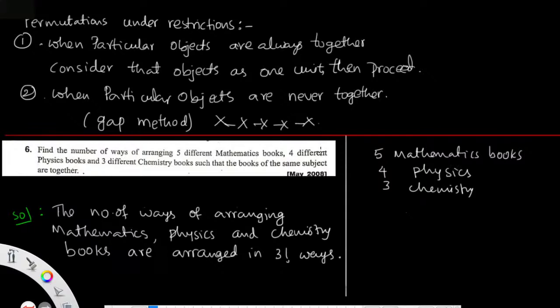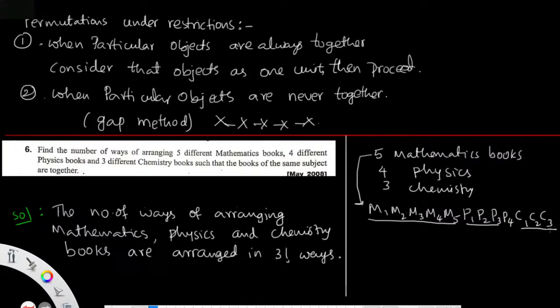So 5 mathematics books, let us take them as M1, M2, M3, M4, M5, and 4 physics books as P1, P2, P3, P4, and chemistry books as C1, C2, C3. The books of the same subject are together, so mathematics together, physics together, and chemistry together.